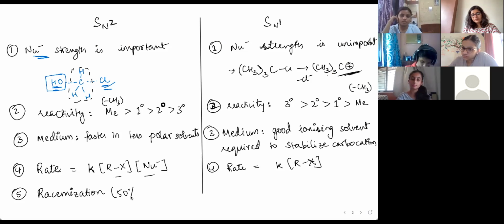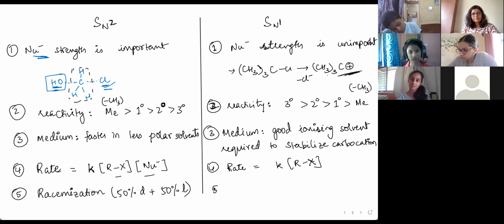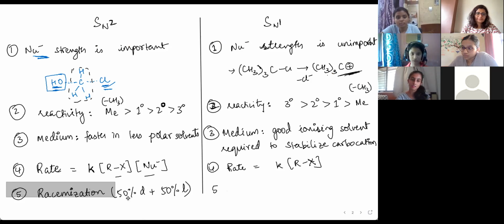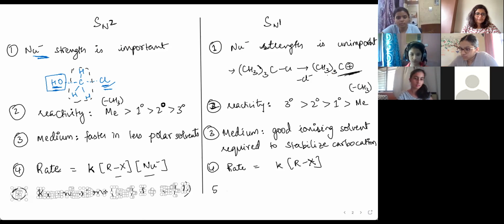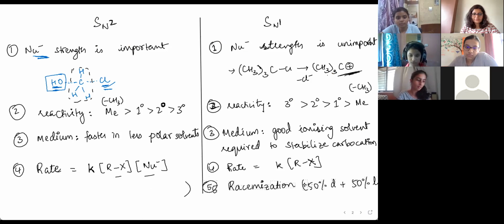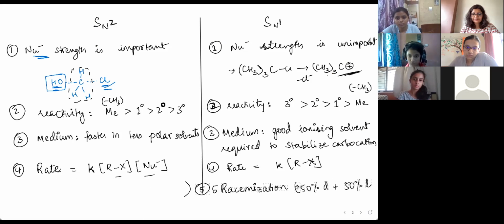There is inversion in SN1 and no inversion in SN2, right? Ah, yes, I forgot I put SN2 first. Correct, I'm sorry. This is supposed to be over here. Good catch, Arya.